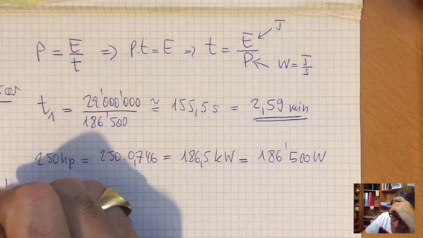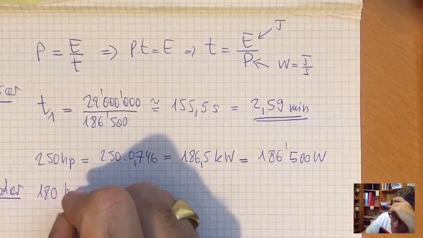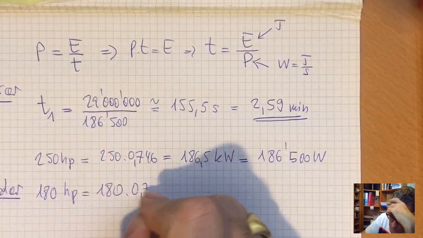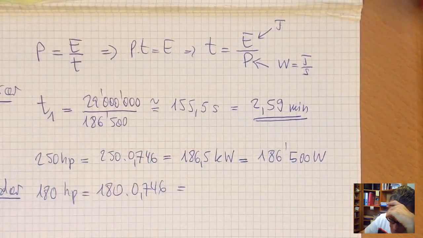Second car, we have a power of 180 horsepower, so it's 180 times 0.746.